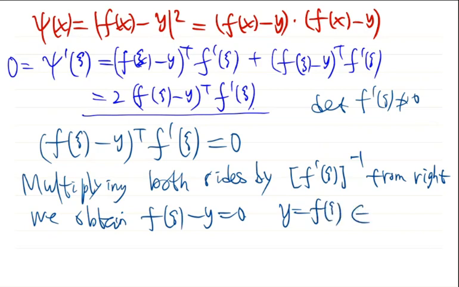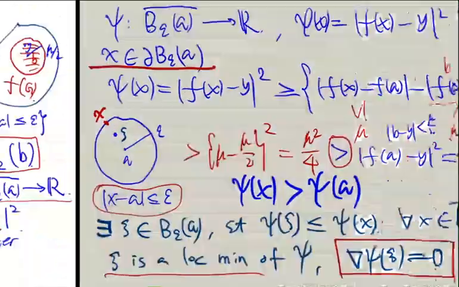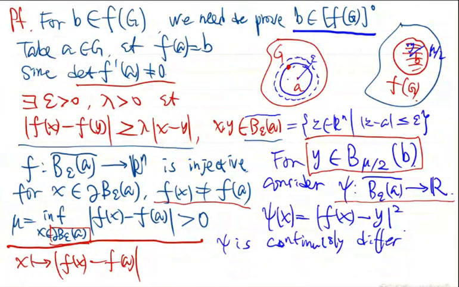Of course, f C is a point of the image. So we prove that this argument is valid for every y in a half mu neighborhood of B. Such a y is contained in the image of our map. So this B, the center of this ball, is an interior point of the image.